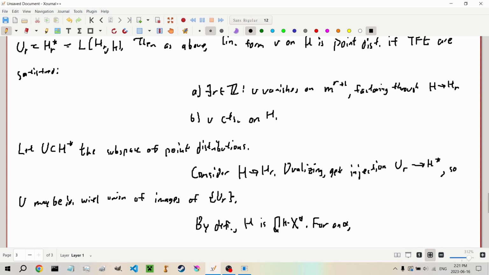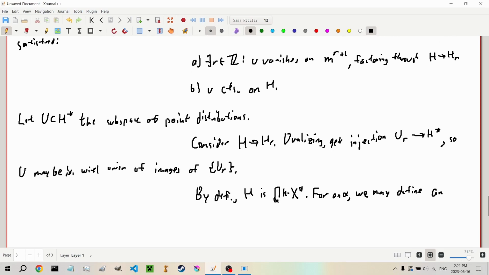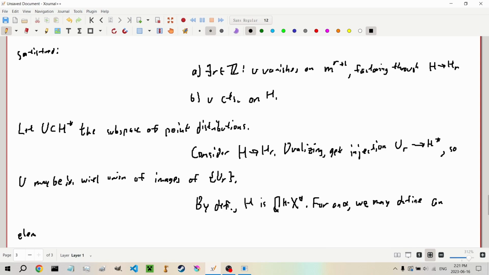For an alpha, we may define an element delta to the alpha in U as delta alpha of X beta being just checking whether or not alpha and beta match up: 1 if they do, 0 if they don't.